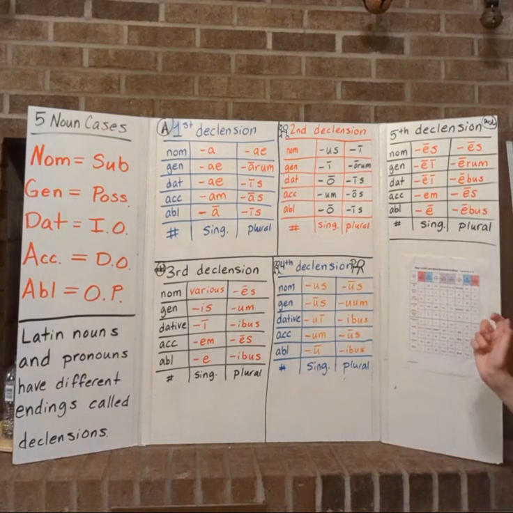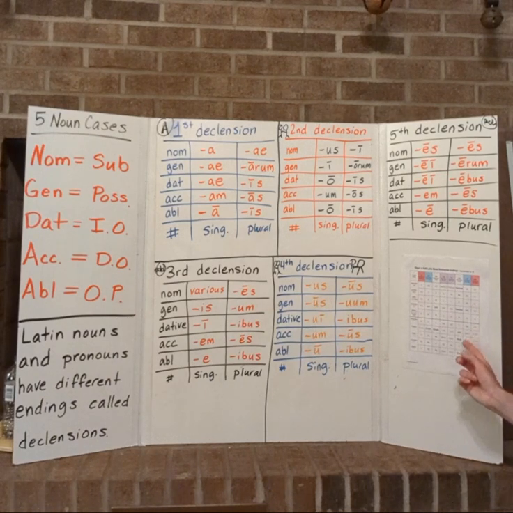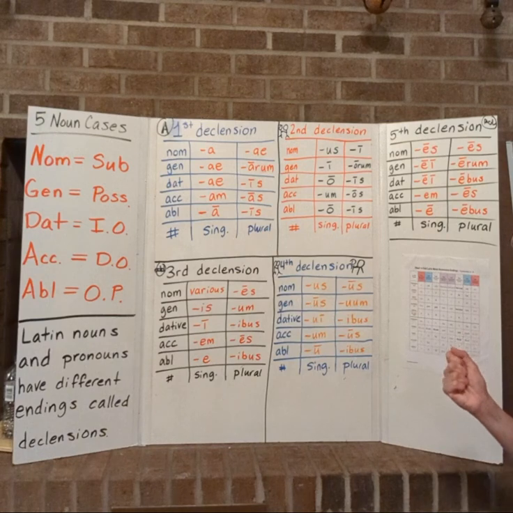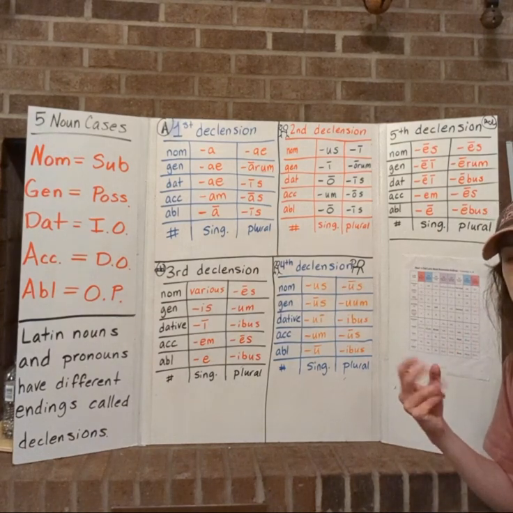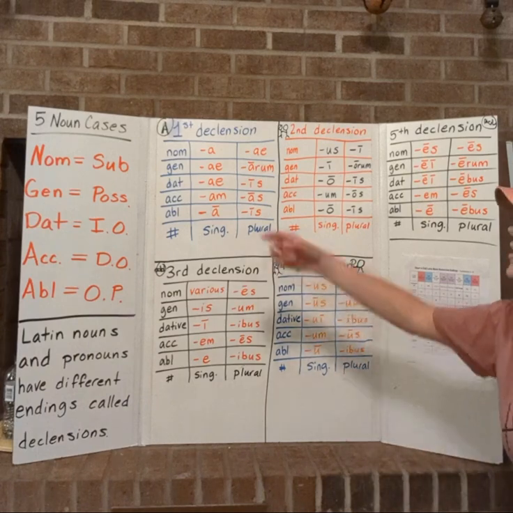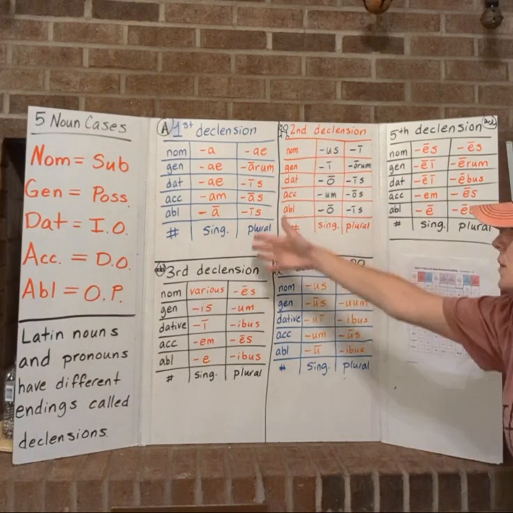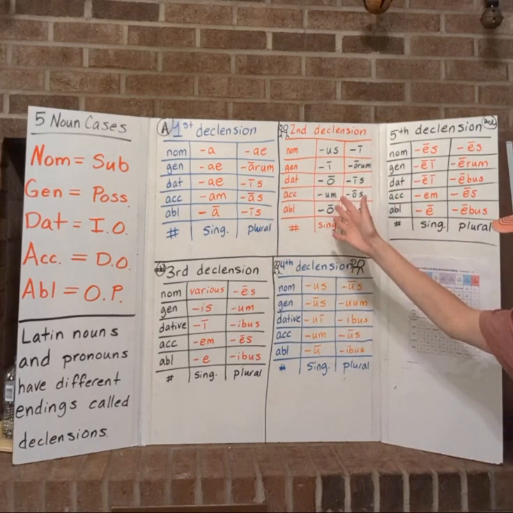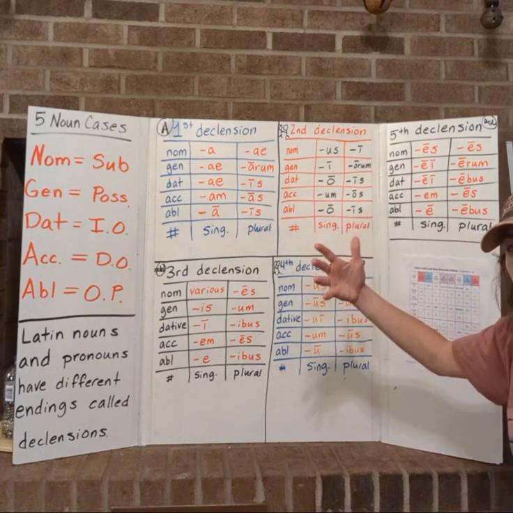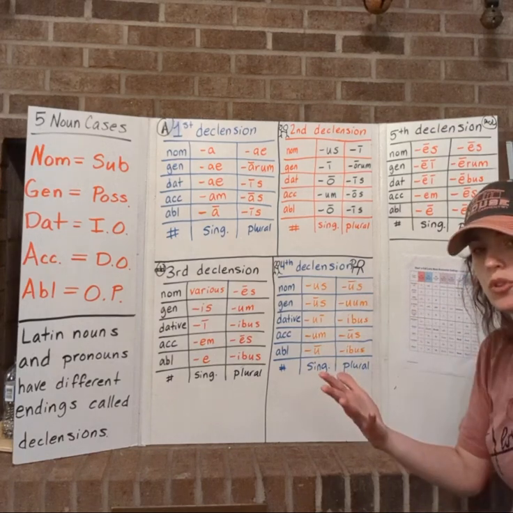Also, just to make you aware, there's a chart here that I'm going to be posting to share with you, where there are some odd, some different ways to decline certain nouns. The first declension is always feminine, so it stays the same. The second declension is always masculine, except sometimes the second declension can be neuter.